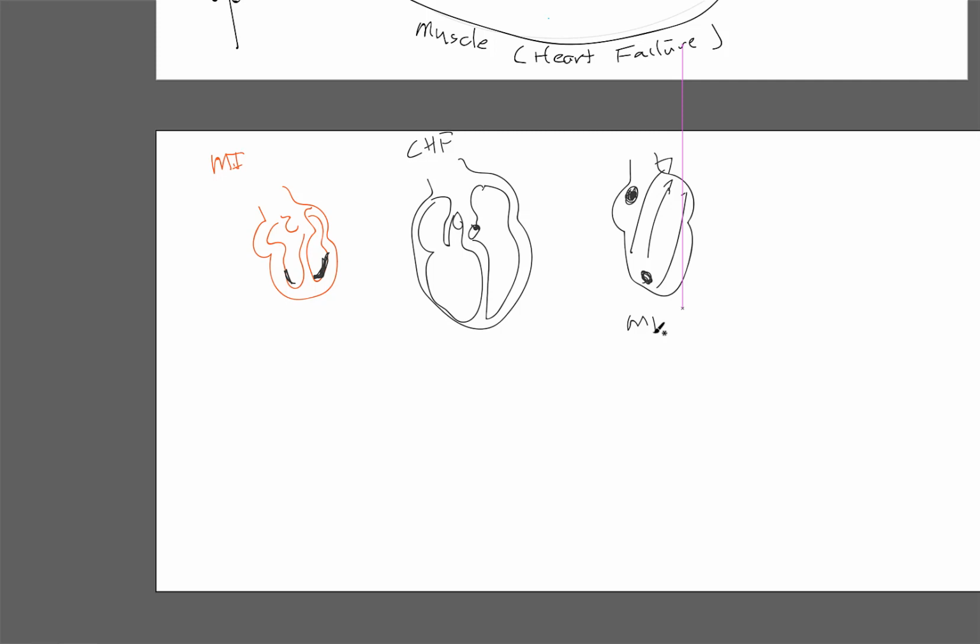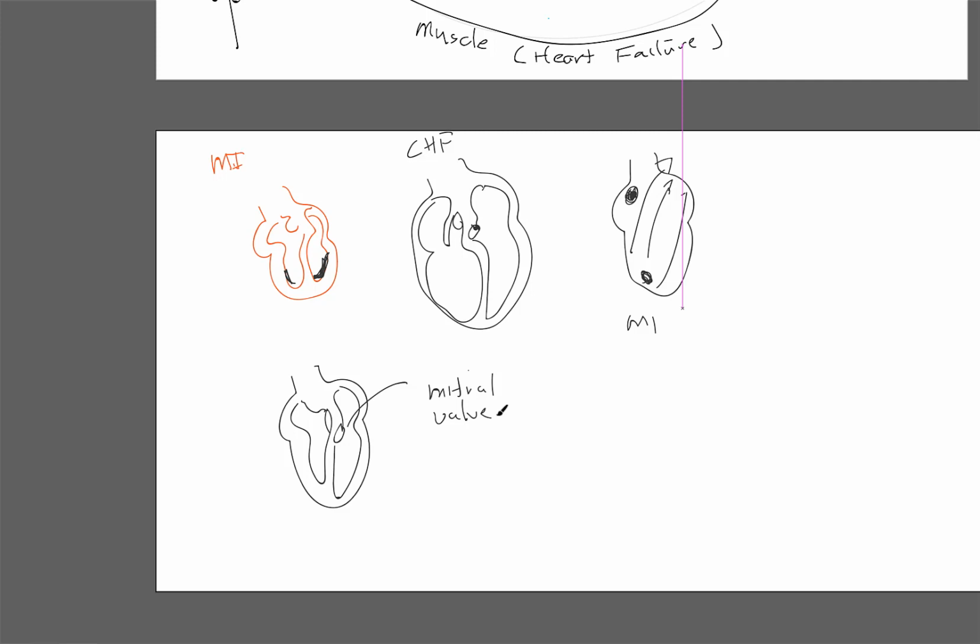And then we talked about this in lecture a little bit, but I think I'm going to draw it again. This right here is the mitral valve, or bicuspid. Okay, so it's been like 10 years since people took fen-phen, but the problem with fen-phen is it damaged the mitral valve.